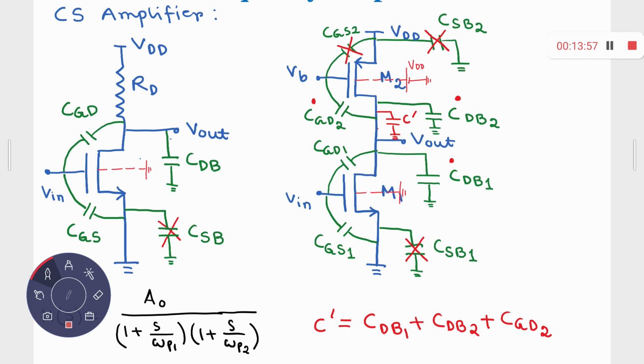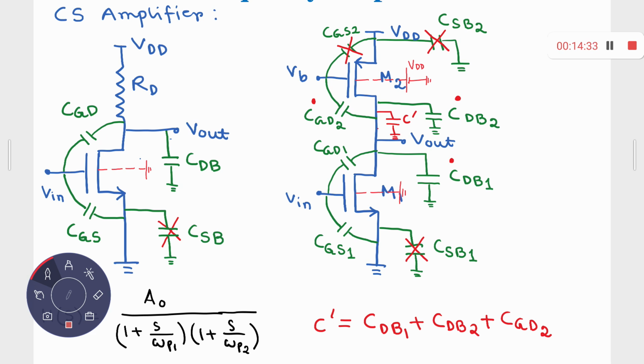Is there any MOS with body effect? None of them. Because for M1, the source is connected to ground and the body is also connected to ground. So VSB is equal to 0. Similarly, for the MOS M2, source is connected to VDD and the body is always connected to VDD.